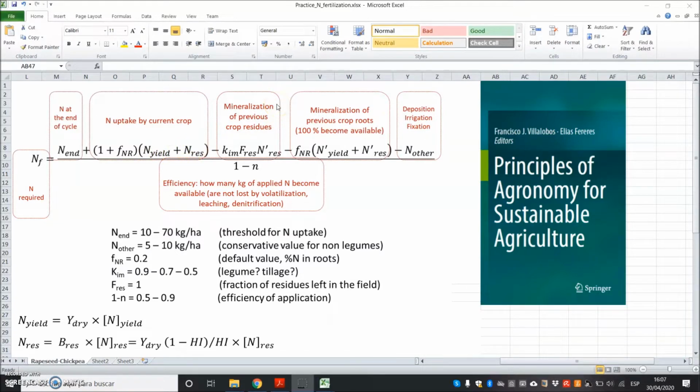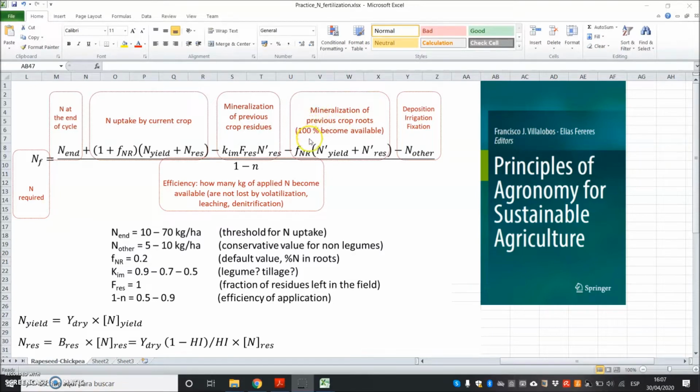Then we should account for the mineralization of previous crop residues. And here we have an expression for calculating the mineralization of above ground residues coming from the previous crop, and a term that is accounting for the mineralization of the previous crop roots.